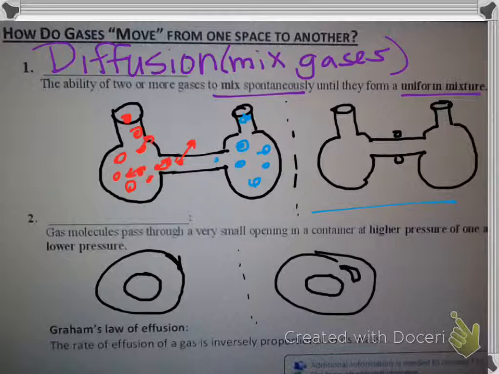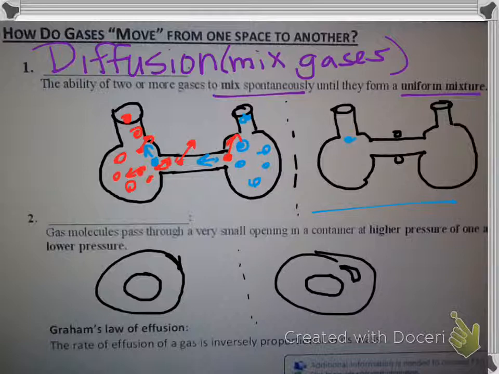So the particles will randomly start colliding with one another and maybe moving across this way. One red one might make it into the other container and begin to bounce around. One of the blue ones over here might move over and randomly come over here. So it takes time for gases to diffuse.